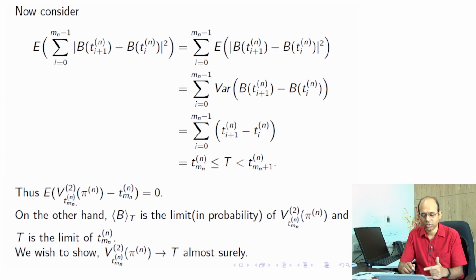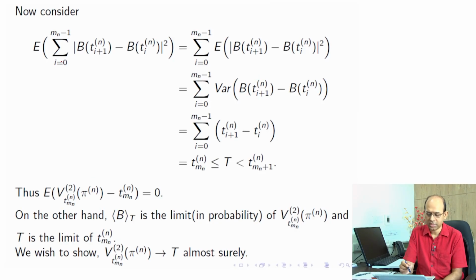This notation we have used earlier, correct? When we defined the quadratic variation, after that we stated one property which justifies why we call this particular process a quadratic variation.